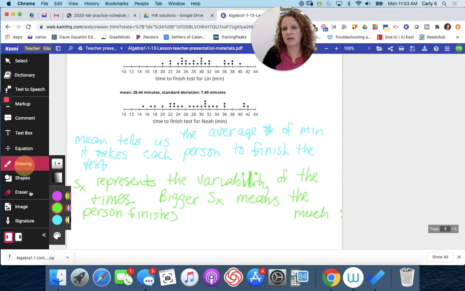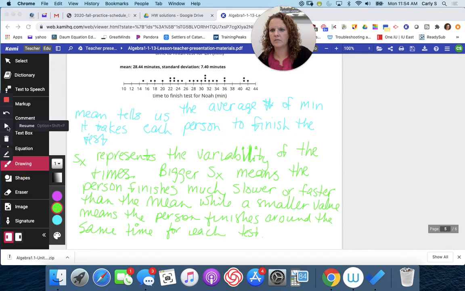Oh my goodness, hold on a second. The drag can be so hard sometimes. I just pushed pause and finished writing. So the standard deviation represents the variability of the times. Bigger standard deviation means the person finishes either much slower or much faster than the mean each time, while a smaller standard deviation means the person finishes around the same time each test. So smaller standard deviation means very little variability, larger standard deviation means big variability, okay?